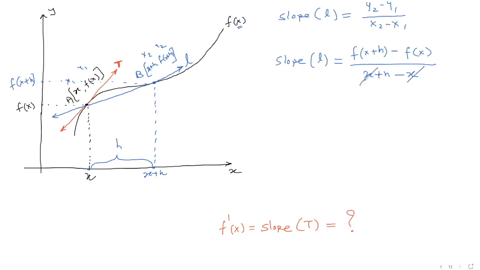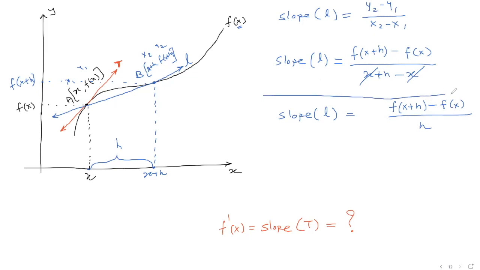Then you cancel out the denominator. We have done that many times. You know how this formula works, right? So the slope of line L is f of x plus h minus f of x divided by h. This is what we got so far.